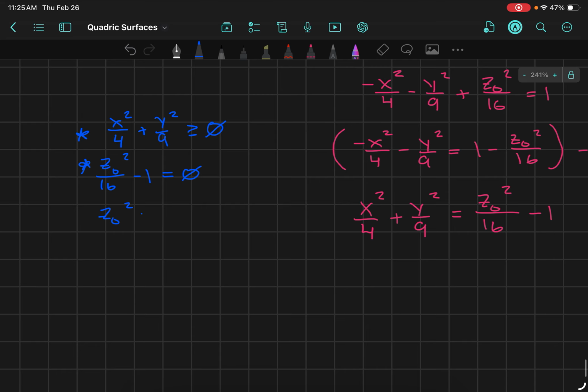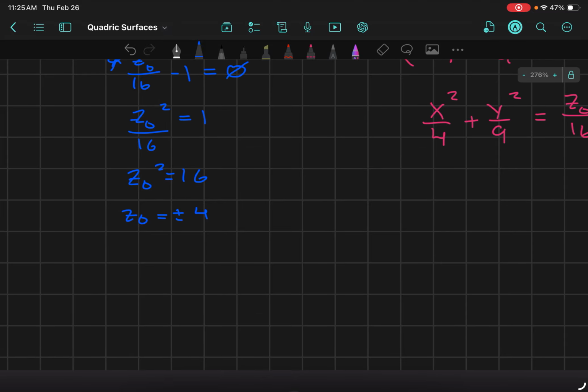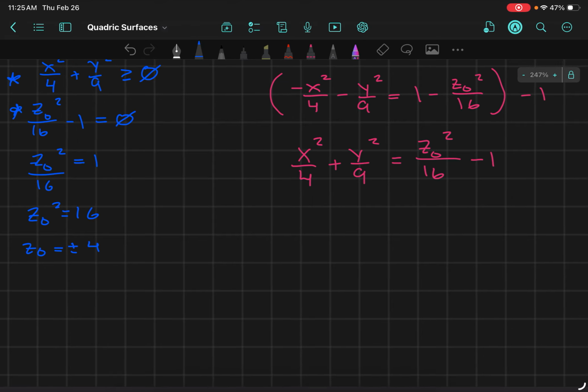z naught squared is equal to 16. z naught is equal to positive or negative 4. The minimum that these need to be is positive or negative 4. So what I'm trying to say here is if our z naught is 4, then there's a solution.